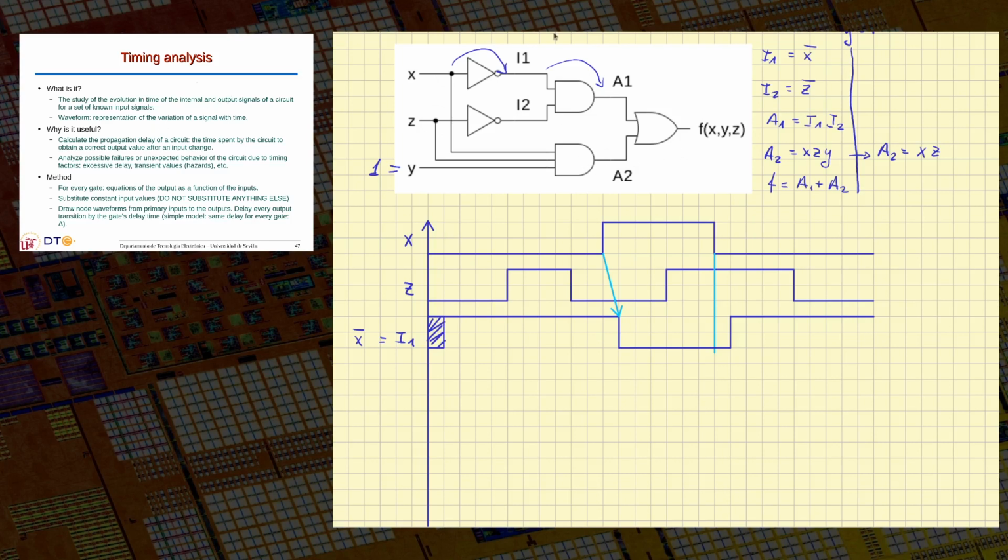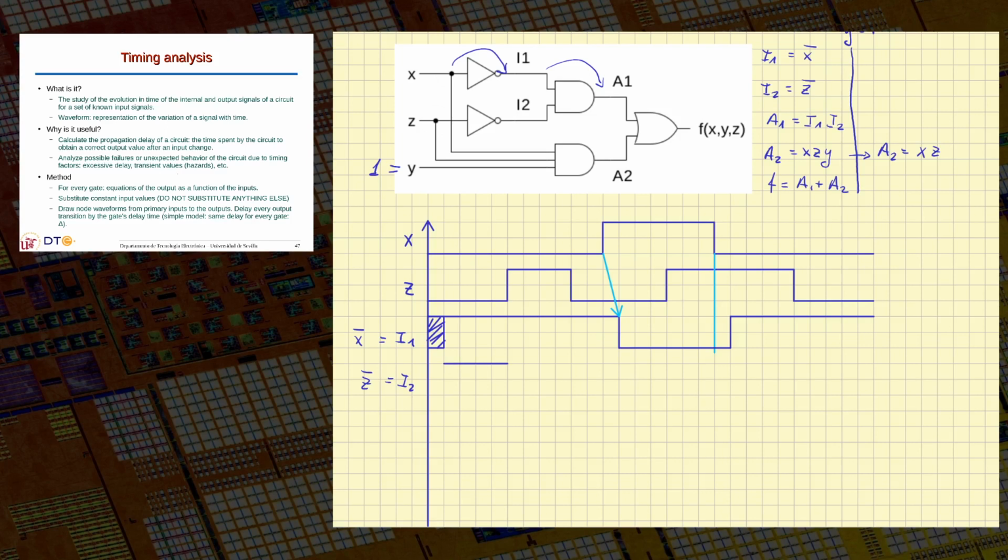So next I can now plot the I2 as well. I2 will be here. And we know I2 is Z complemented, so it's exactly the same. It will be the complement of Z, so it will start being 1 or unknown at the beginning and will start being 1 from here on, okay?